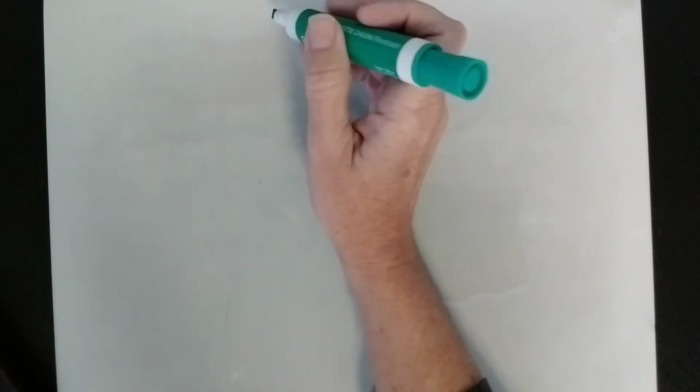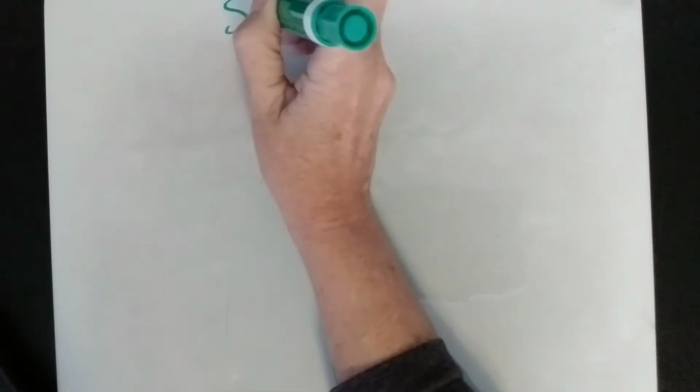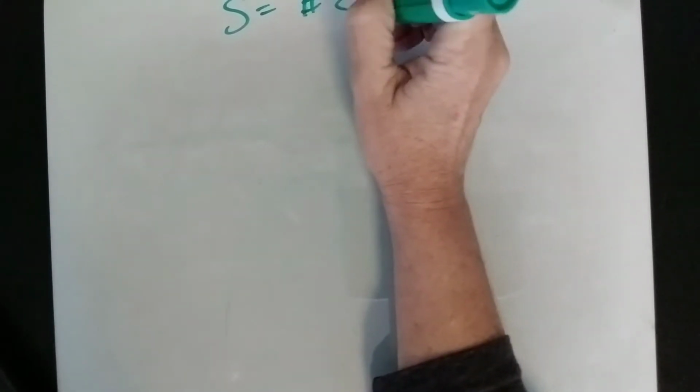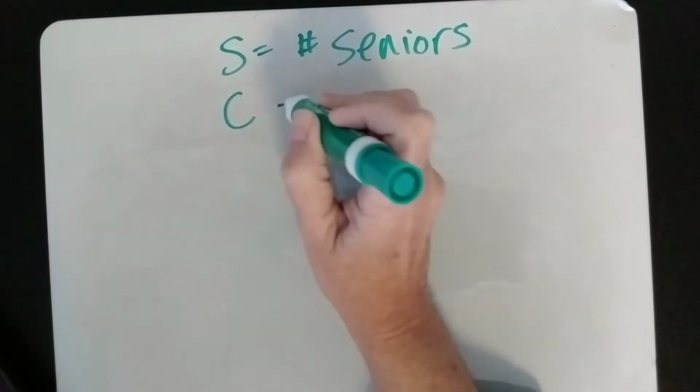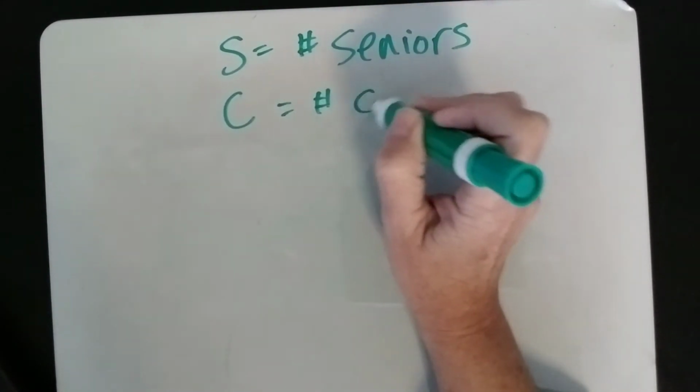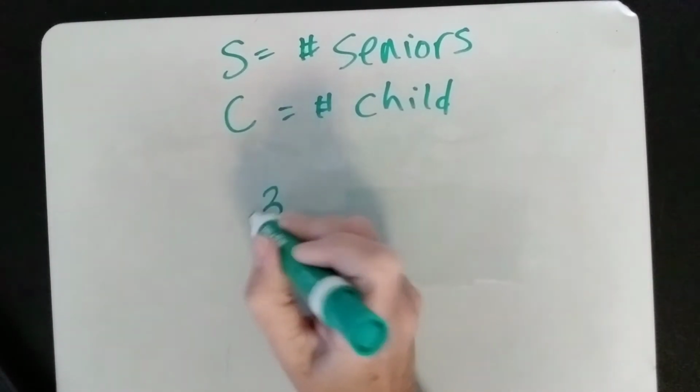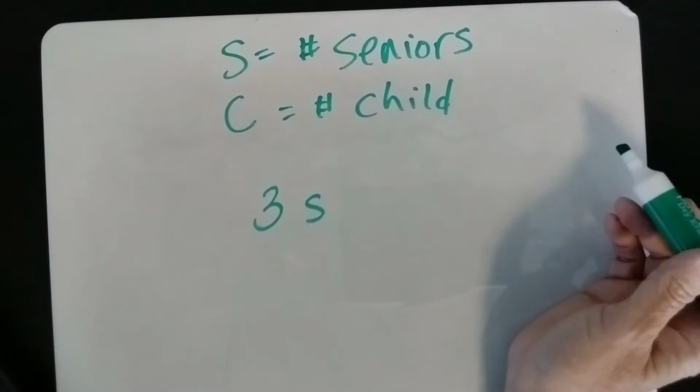On the first day of ticket sales, the school sold 3 senior citizen tickets and 1 child ticket.